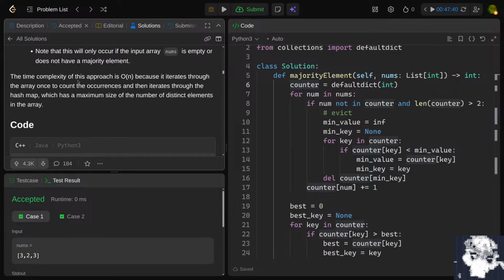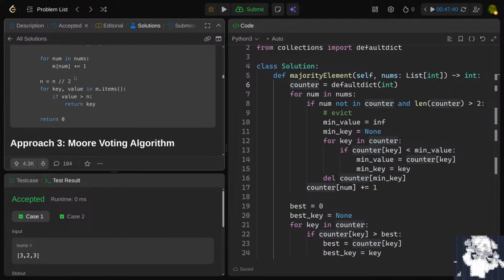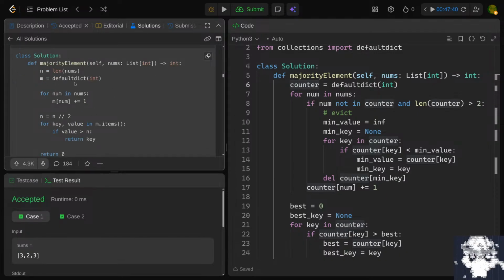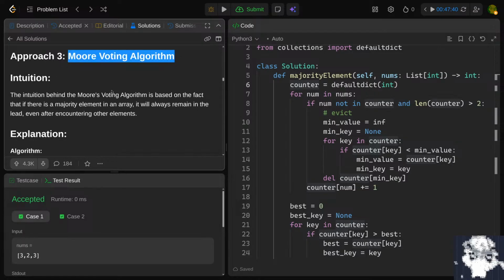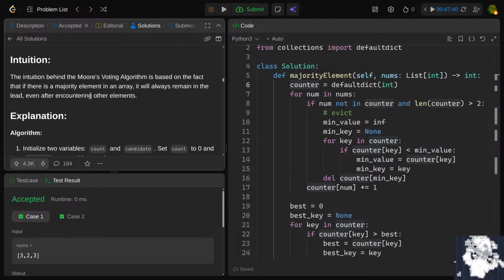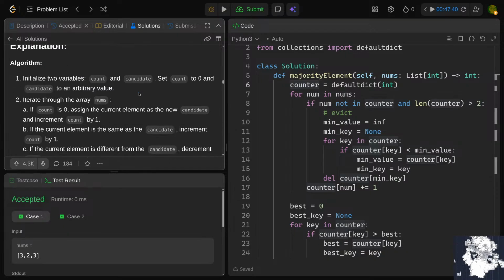Yes, hash map of counting would also work, but that's O(n) space. More voting algorithm. If there is a majority element in an array, it will always remain in the lead even after encountering other elements.